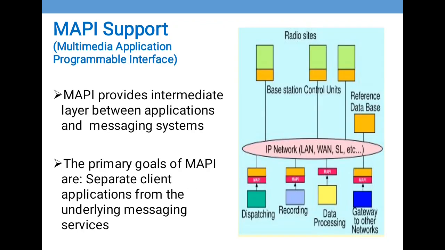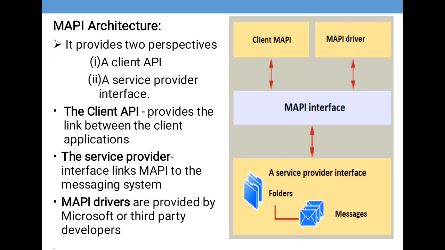The architecture of MAPI is shown here, where it acts as an intermediate layer between the application and the messaging system. So, the primary goal of MAPI is to separate the client application from the underlying messaging services. The MAPI architecture provides two perspectives, a client API and a service provider interface.